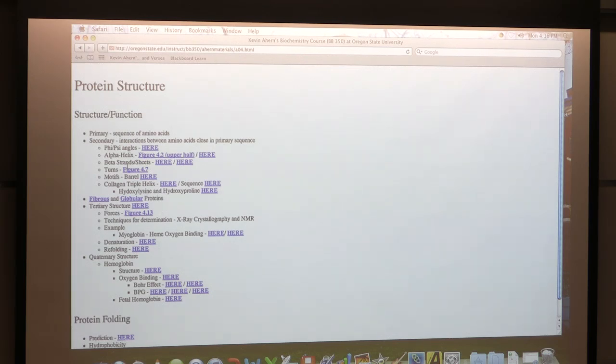Why do we worry about the sequence? Well, we'll see why when we talk about the other levels of protein structure. But suffice it to say that a protein that has a sequence starting with methionine and going to alanine and going to aspartic acid is going to have a very different set of properties than a protein that starts with methionine and goes to valine and goes to cysteine, because those R groups are different.